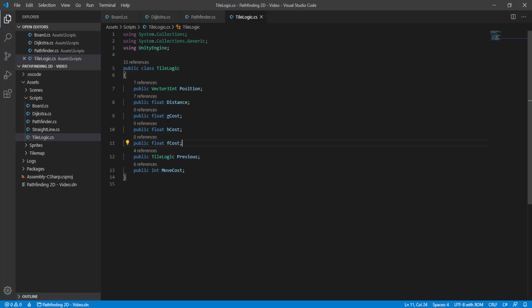You can see these are the names given in the algorithm manual. I'm not sure how to call that. G cost is the cost from origin to this tile. So yeah, it is our distance. H cost is the distance from this tile to the objective.